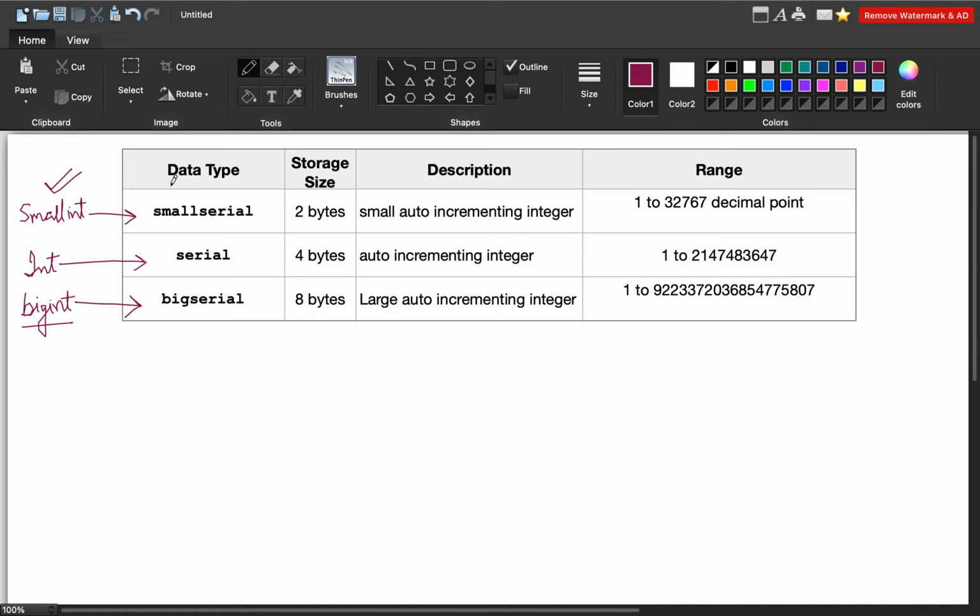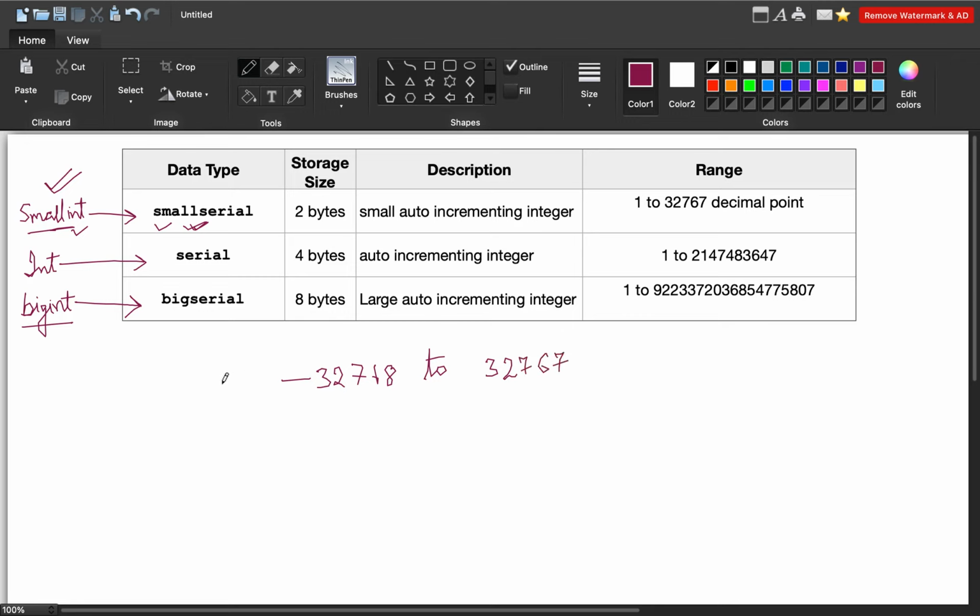The only difference between small int and small serial is that serial accepts only positive values, whereas in small int you might remember the range was from minus 32,768 to 32,767.